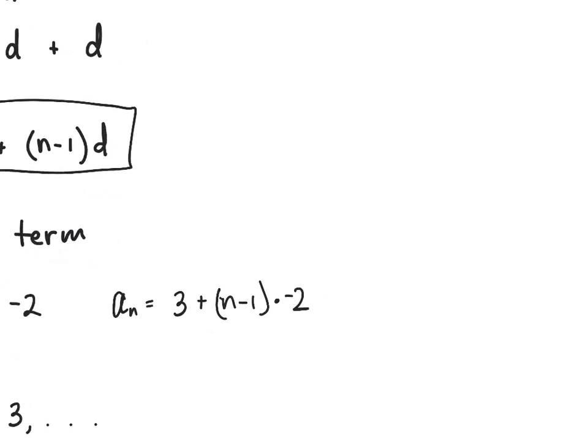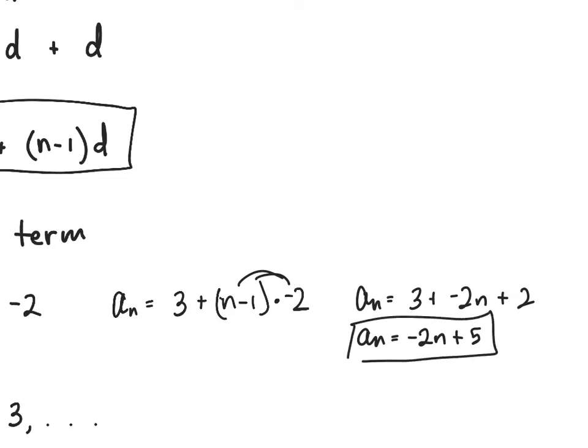And what we typically do now is rearrange this, distribute to get rid of the parentheses. So if I distribute the -2, I'm going to have the nth term a sub n is 3 plus -2n plus 2. Combining like terms, we have a sub n equals -2n plus 5. So this would be the nth term, or the explicit formula.